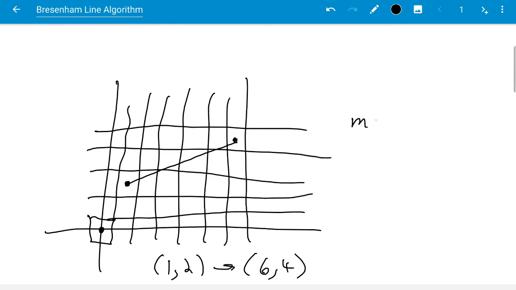My slope is the difference in the y coordinates, so 4 minus 2, divided by the difference in the x coordinates, 6 minus 1, that is 2 over 5, and that is 2/5, so 0.4.